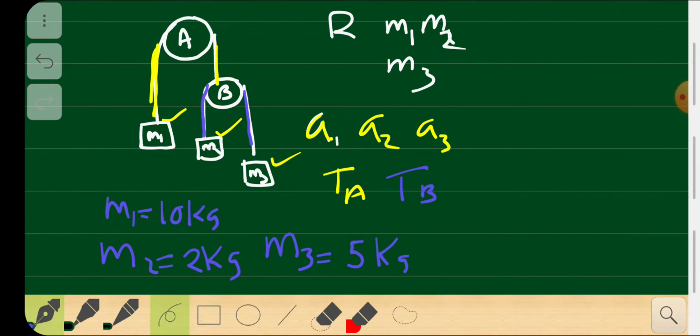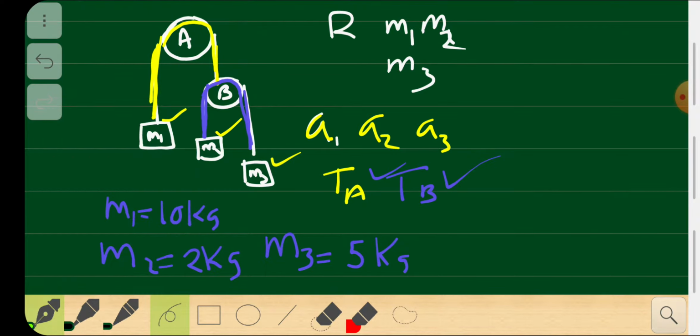I need to find the tension in both strings, T of A and T of B, where T of B is the string on the second pulley and T of A is the first string. I need to find the tension as well as the accelerations.